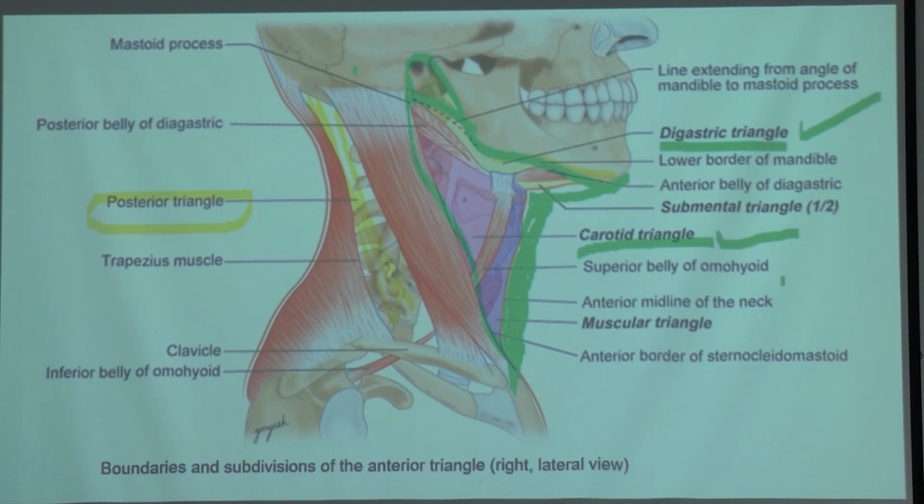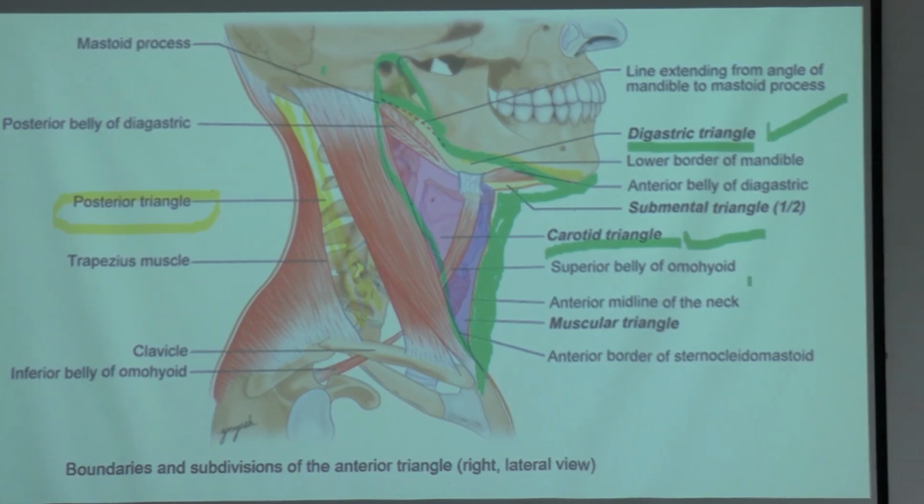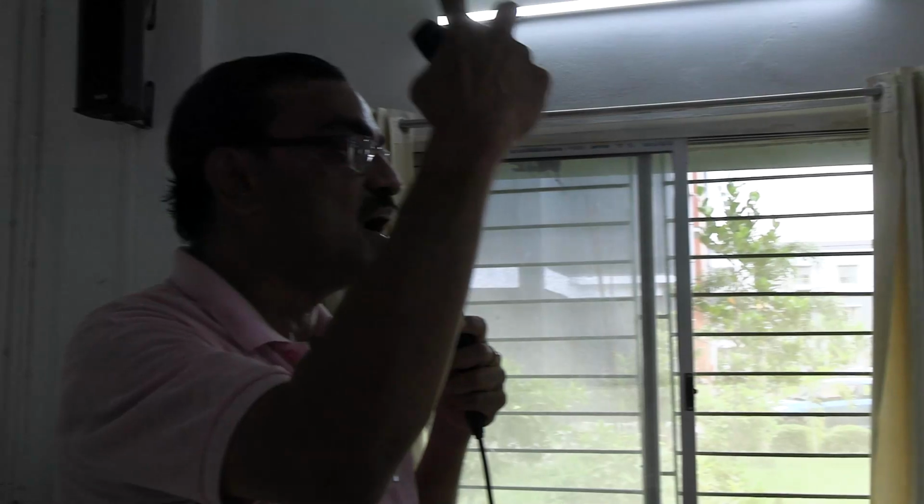This is the Adam's apple. This is the prominence in the neck which is caused by the thyroid cartilage, which is very much prominent in males. At the upper border of the thyroid cartilage, that artery gets bifurcated into external and internal. External remains medially and internal remains laterally.